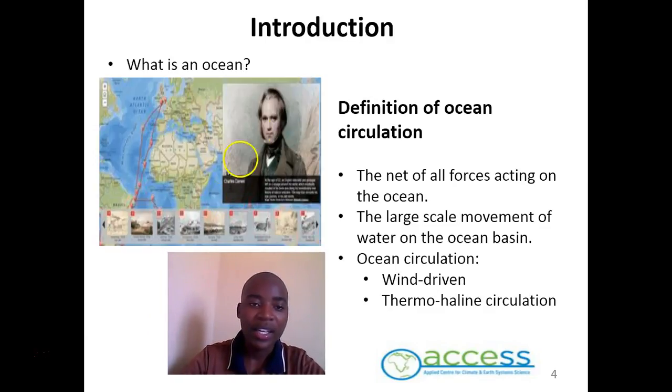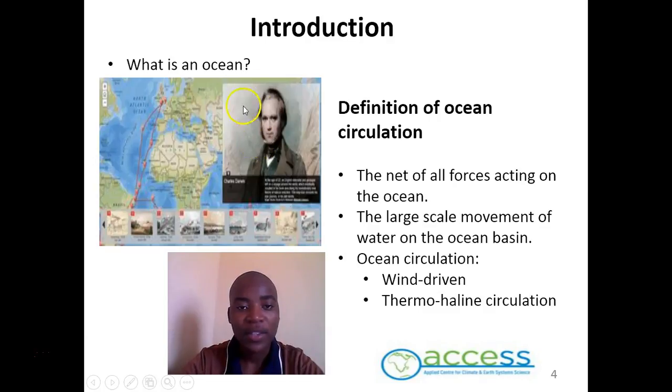In the picture here, this is Charles Darwin. We all know Charles Darwin, the father of biology. When he was doing his research in the Galapagos Islands, he identified that in the equatorial region there is cold water.